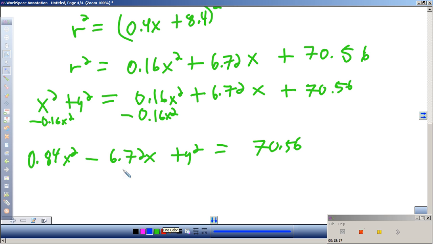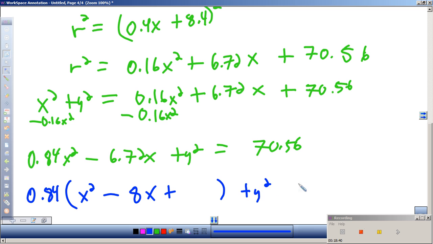We're going to do completing the square with this part. So let's factor out 0.84. What's 6.72 divided by 0.84? 8x. It's very nice. Plus something plus y squared equals 70.56.